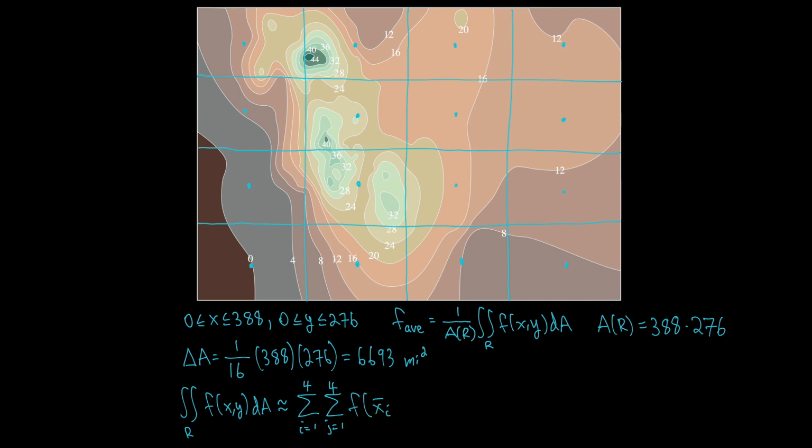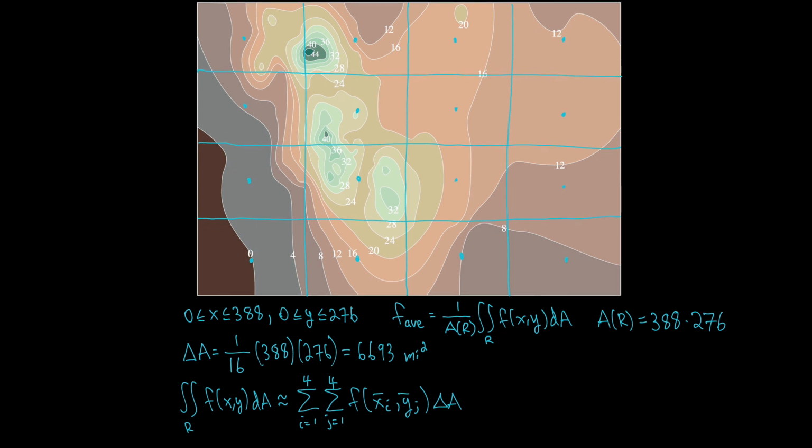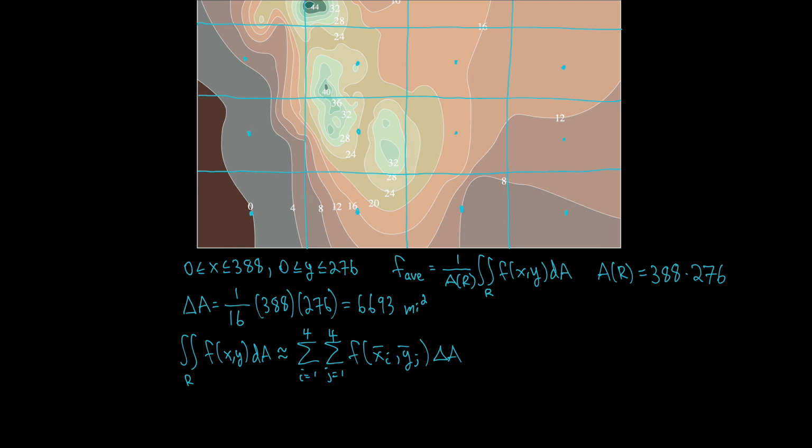So I'll do f of the midpoint, x i bar, y j bar, times delta A. And I'll just plug in, estimating that, for example, x1 bar and y1 bar, those are both over here where our z value or f value is 0. So I could say that my first f value, I'll factor out the delta A, is 0.